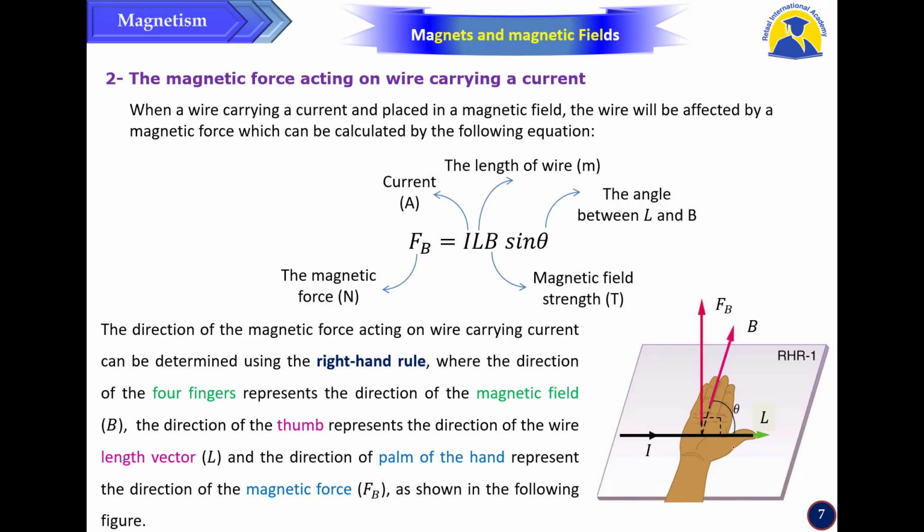So here, the direction of the four fingers is following the direction of the magnetic field, and the direction of the thumb is following the direction of current moving in wire. So the direction of palm of the hand will be the direction of the magnetic force. The angle between force and B or force and L will be 90 degrees.